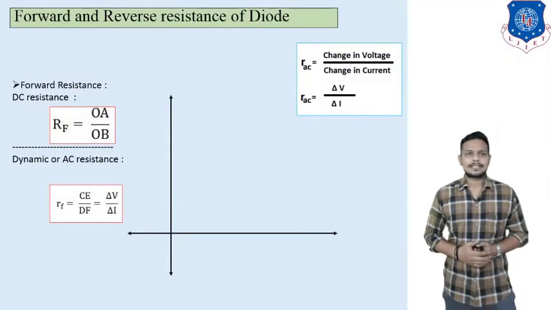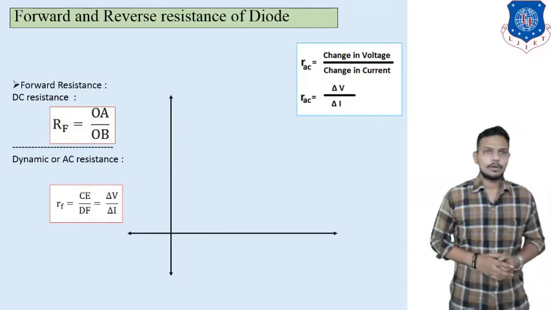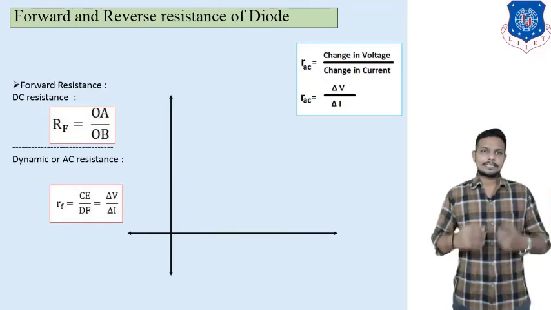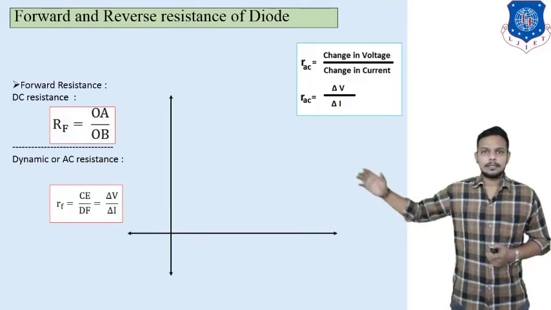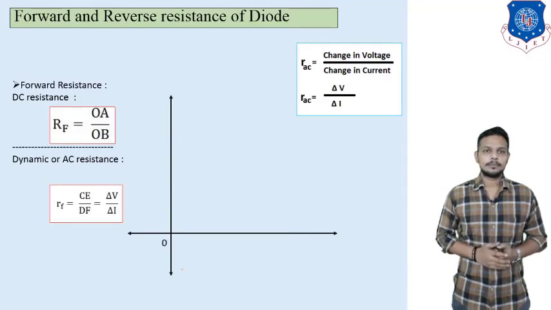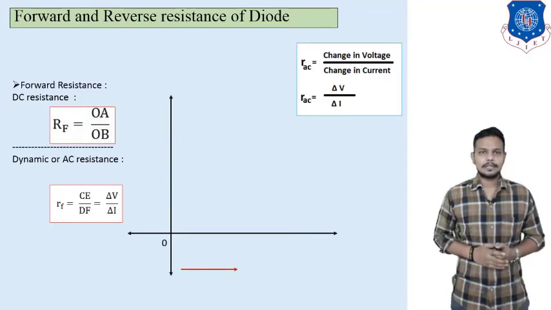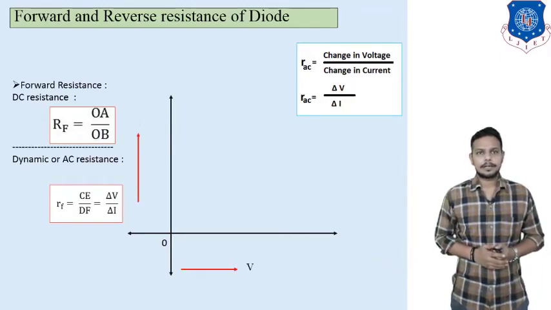Now let us discuss the forward and reverse resistance of a diode. We can find this resistance through the regions we have seen. Here on the x-axis there is voltage and on the y-axis it is current, so basically this is the graph of current versus voltage.